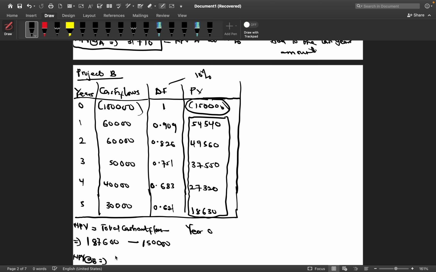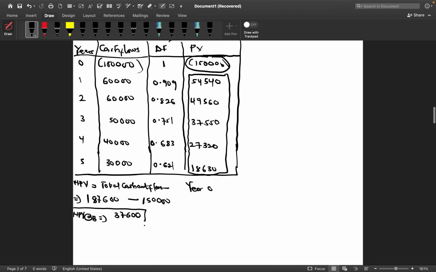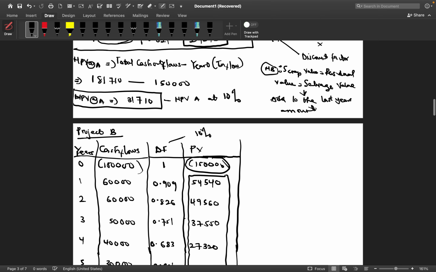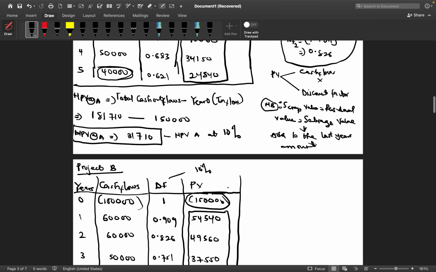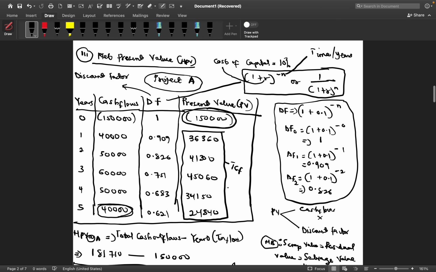In subtracting it, I'm having 37,600. So this is NPV for project B at 10%. That's all. That's how we solve the NPV.